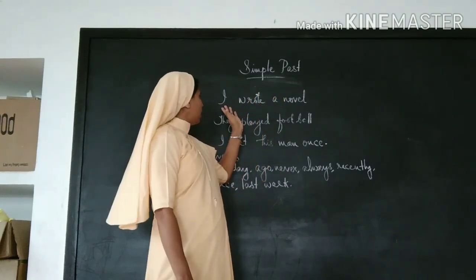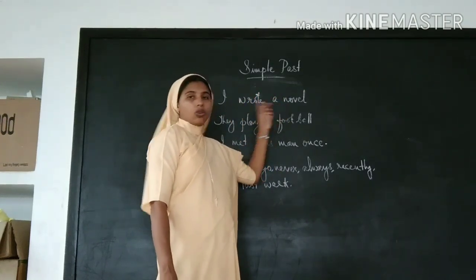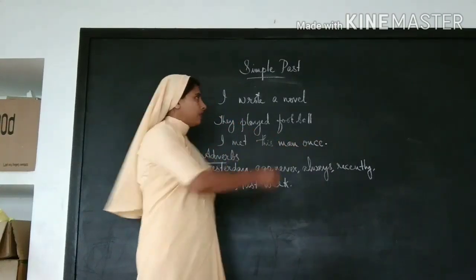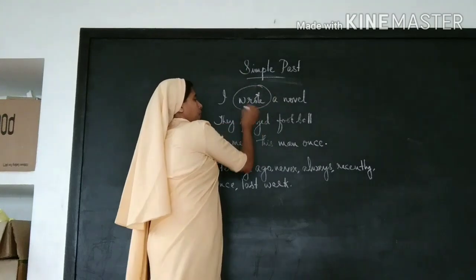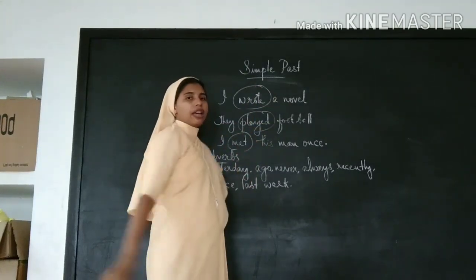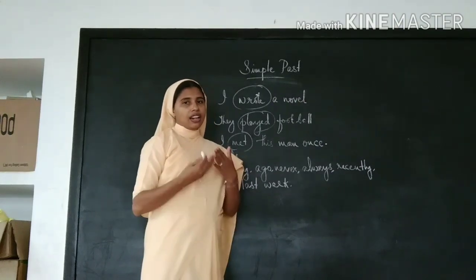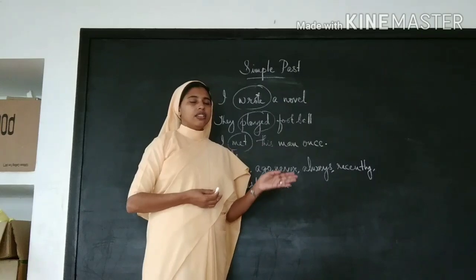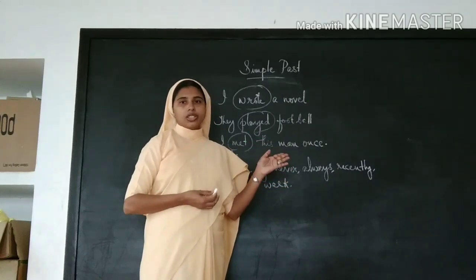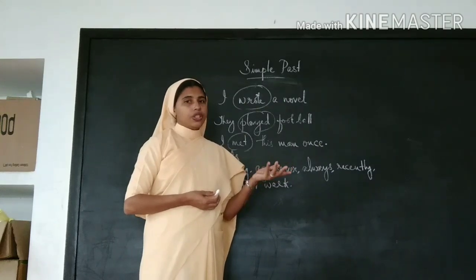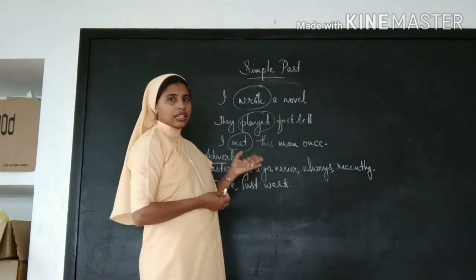For example, I wrote a novel. They played football. See? Played is the V2 form. I met this man once. Framing sentences is easy for you because you studied how to frame sentences based on tenses last year. I know it well. We'll continue.